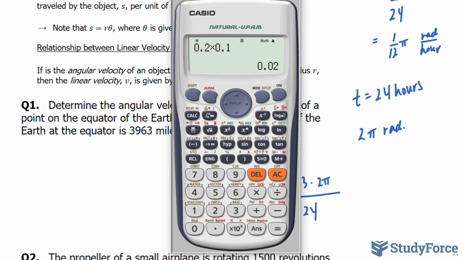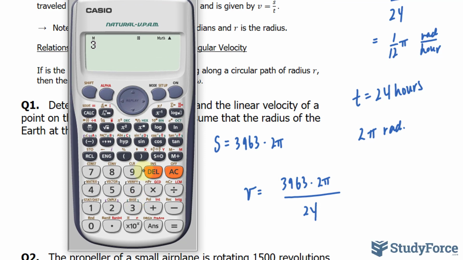Now let's use our calculator to help us out. 3,963 times 2, ignore the pi for a moment, divided by 24. The answer is given as a fraction, but changing this into decimal, we get the following, and we'll multiply that by pi, where we get roughly 1,037.5.